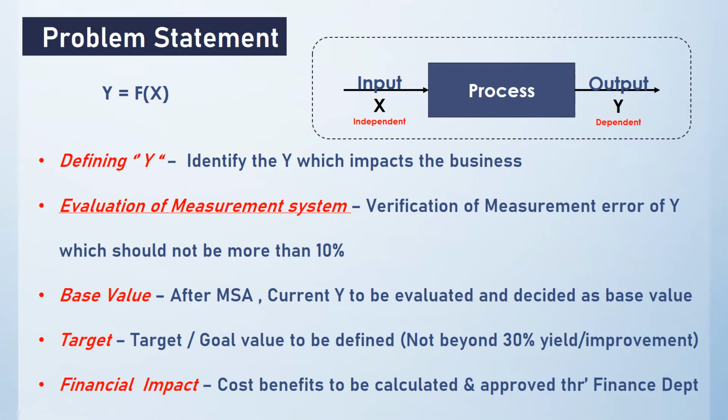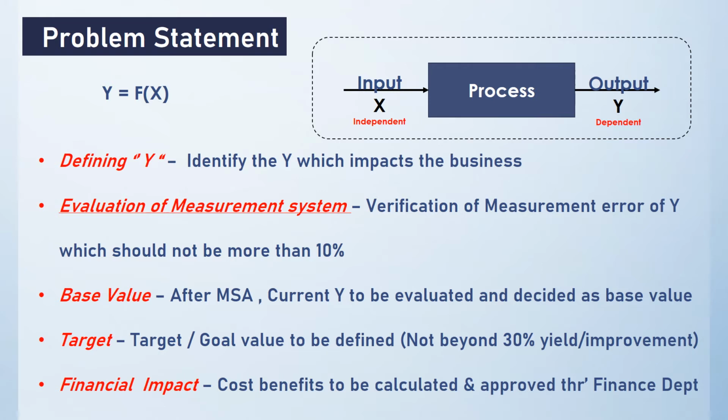That terminology should not have any variation due to measurement. So we should be very clear while defining y how it is measured. We should ensure that the measurement system does not have any variation. So we should keep a target, like I said, 2% rejection rate to 0.5%.